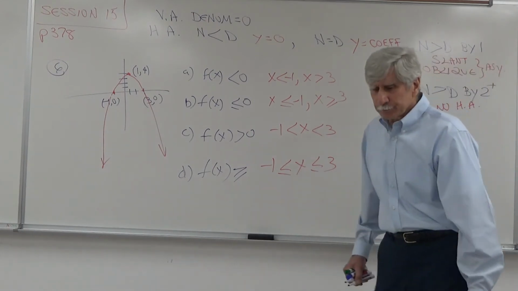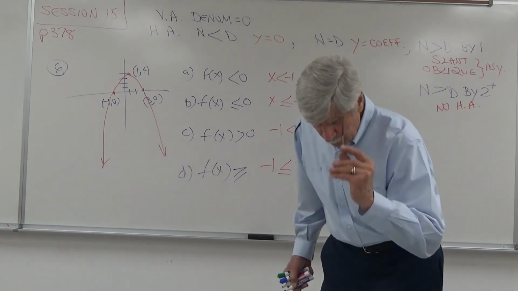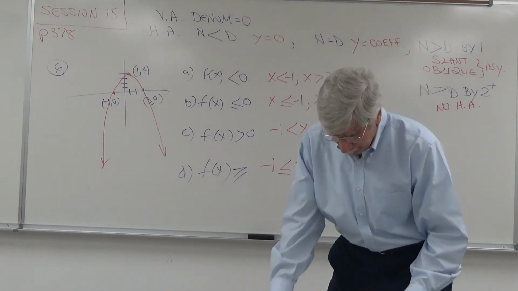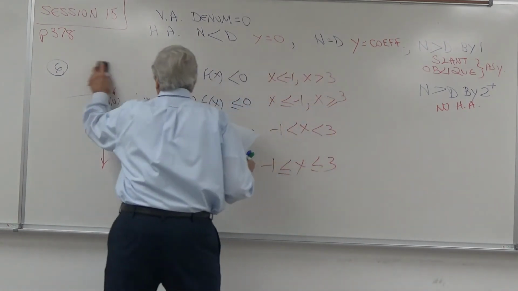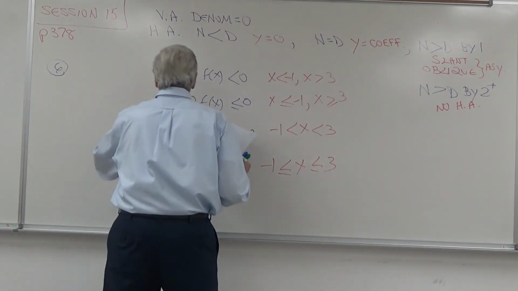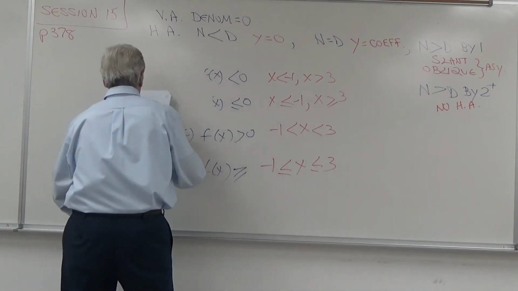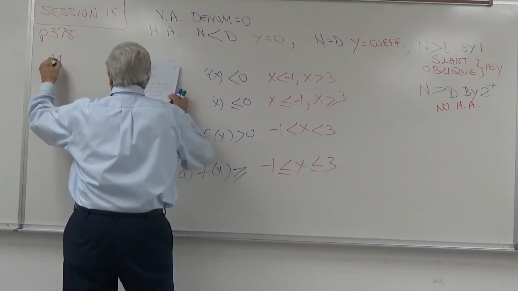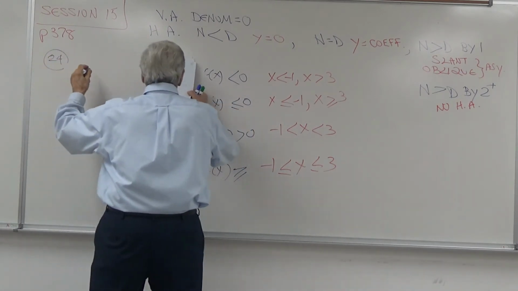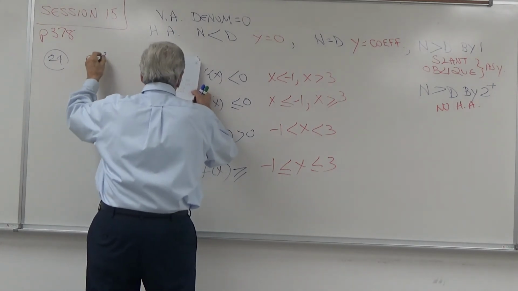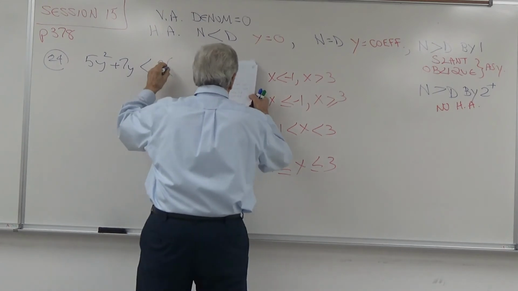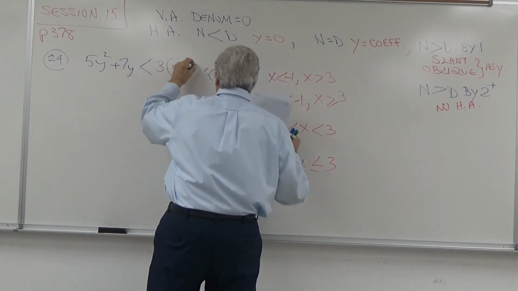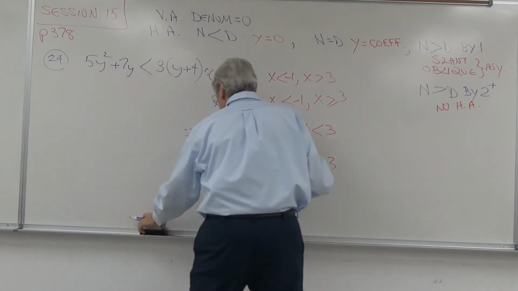Okay. Number 6. After number 6, we're going to jump down to number 24, and 24 looks like this. And we'd like to solve this inequality.